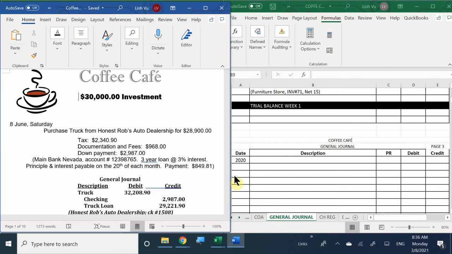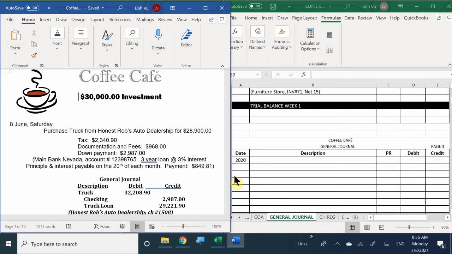In most cases when you get a car, you're going to get a car loan, whether you pay a portion or not. Because ultimately, you either lease the car or you buy the car with a loan.